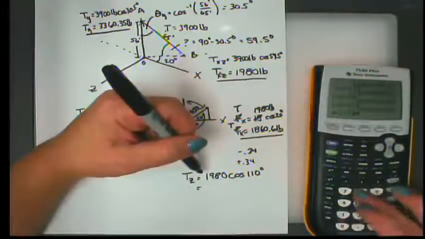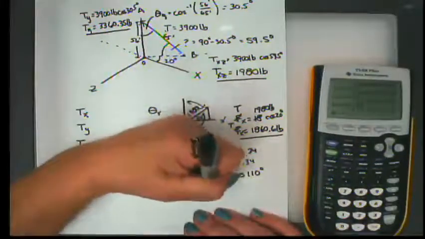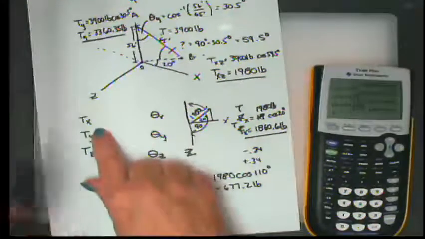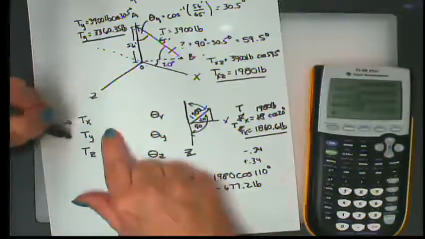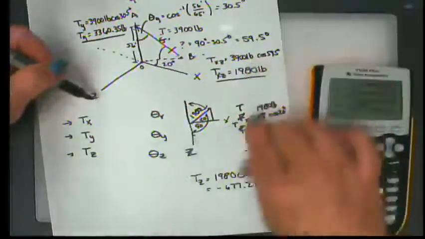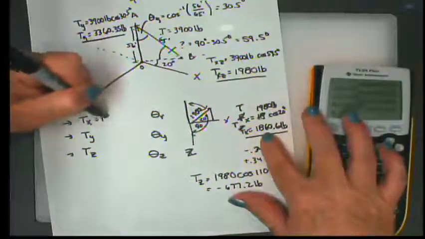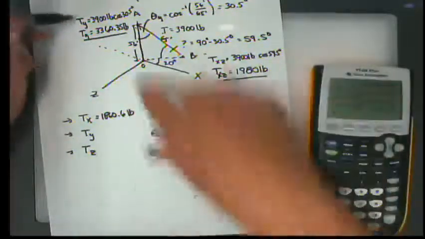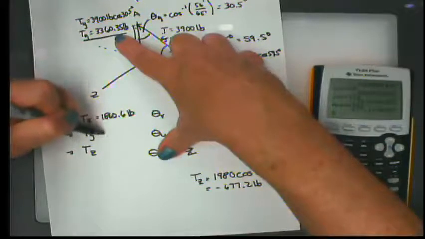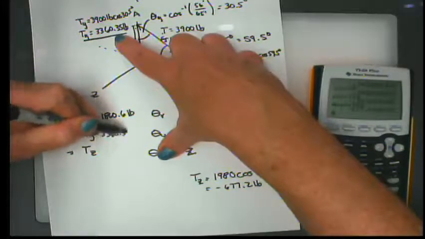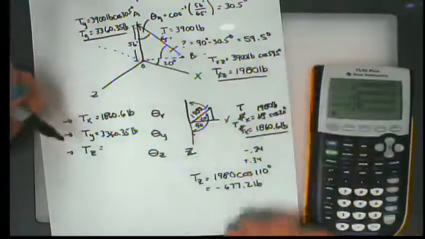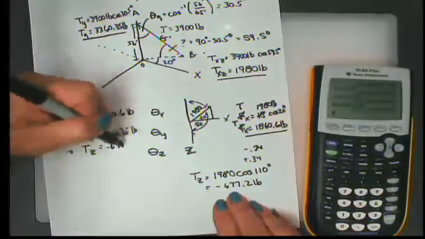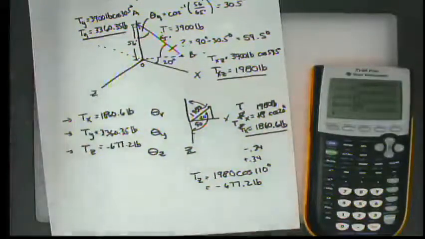Multiply that by 1,980 and we get negative 677.2 pounds. So to fill in my answers, my T sub x is 1,860.6 pounds, my T sub y is 3,360.35 pounds, and my T sub z is negative 677.2 pounds.